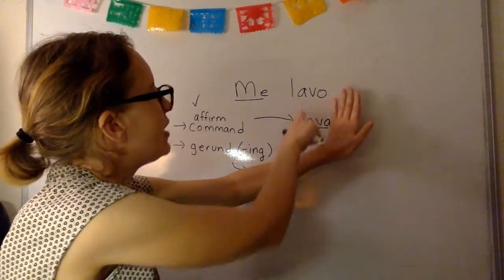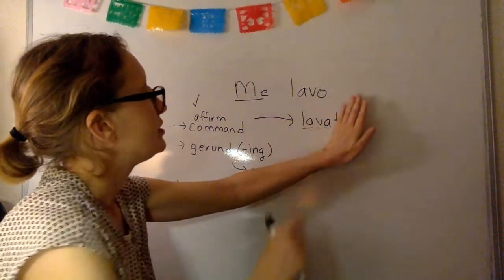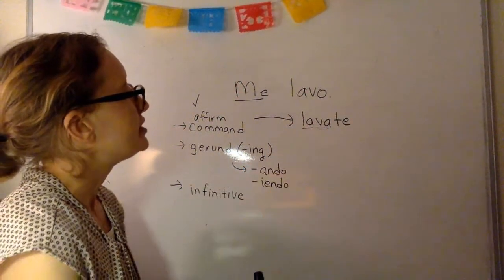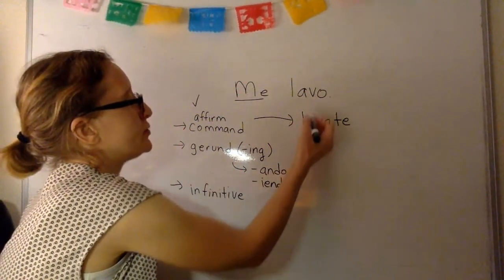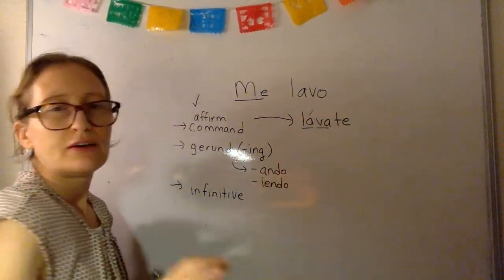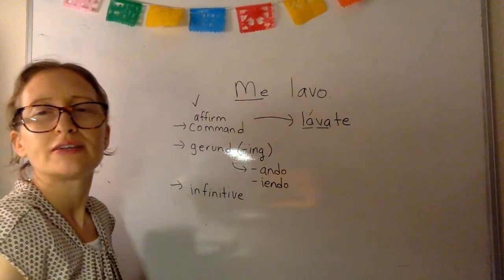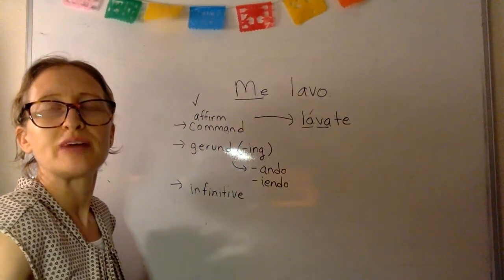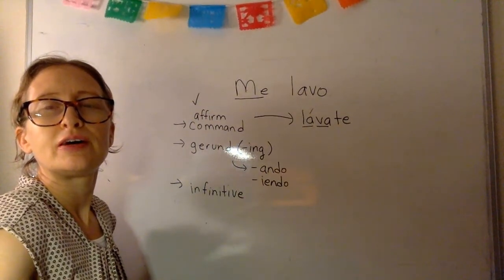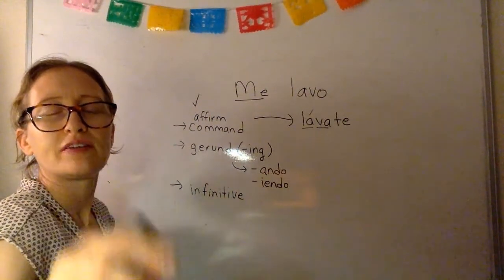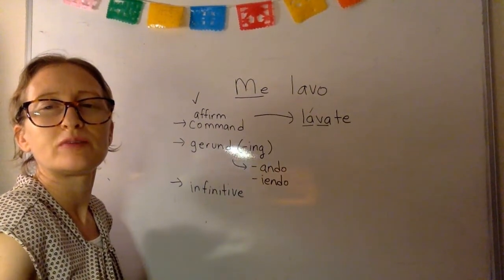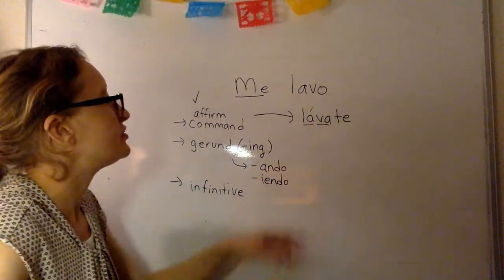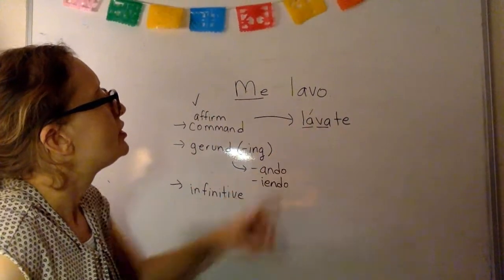Is it lava or is it lava? It's lava. So this is where your accent goes, wherever the vowel is strongest. And it might take some time for you to know where the voice is a little bit stronger, but if you repeat the word back to yourself, you should be able to figure it out. That's where the accent goes.